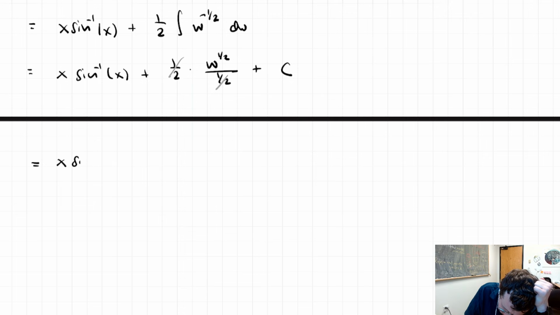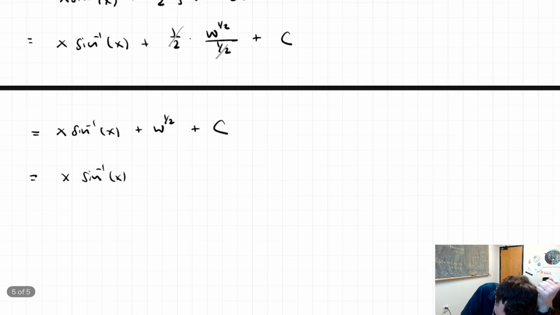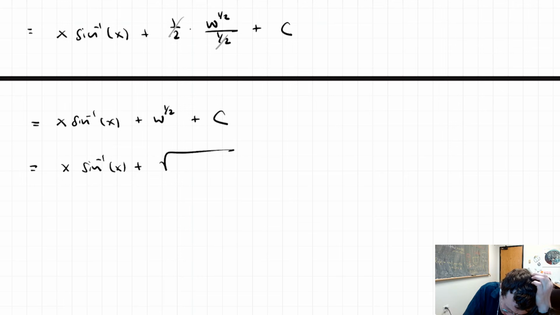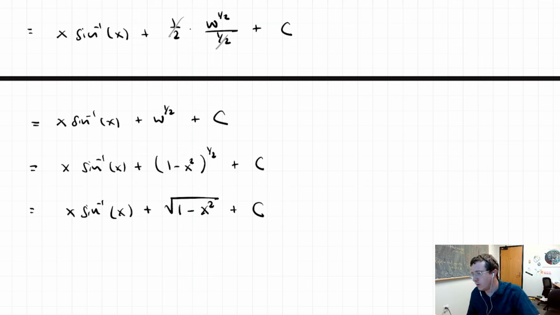So I get x times arc sine of x plus w to the 1/2 plus c, and then let's just substitute back in w, which was 1 minus x squared, and if we want, we could rewrite the 1/2 power as a square root. So there you go.